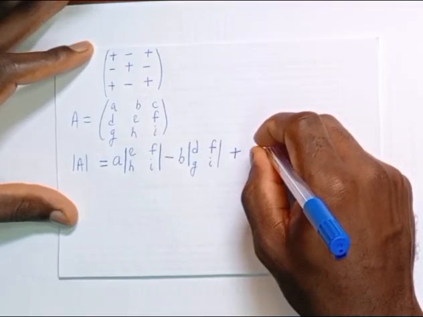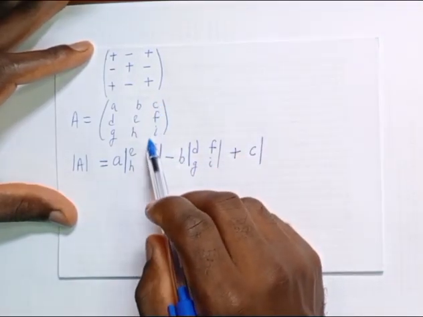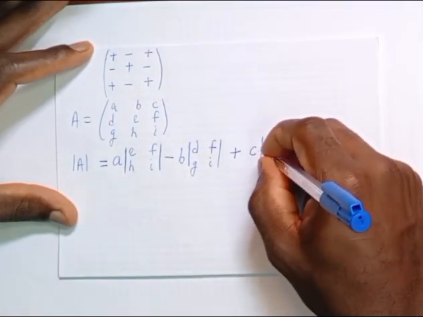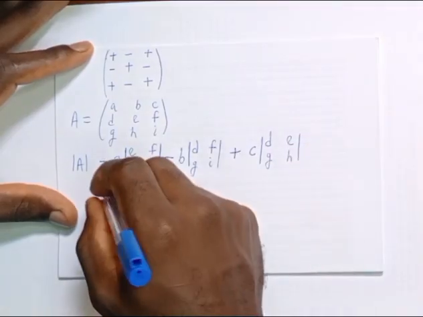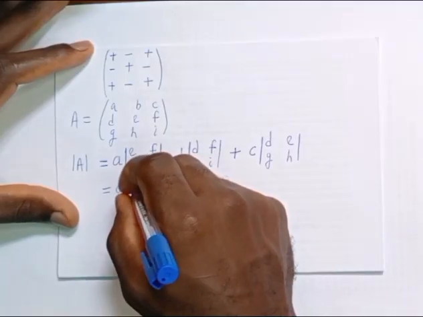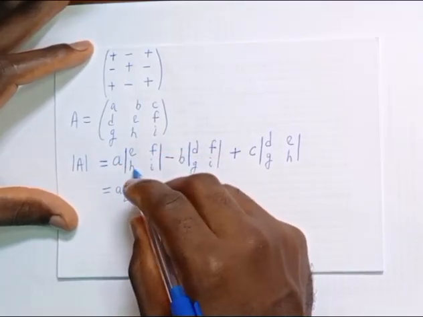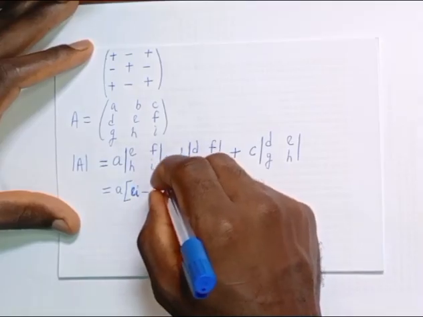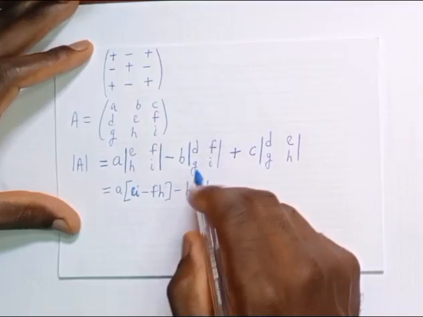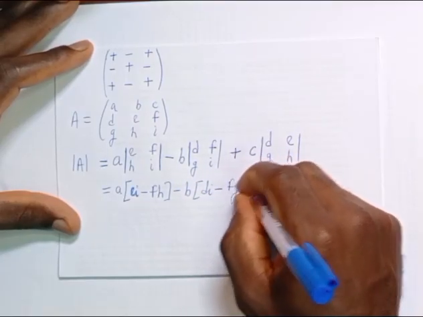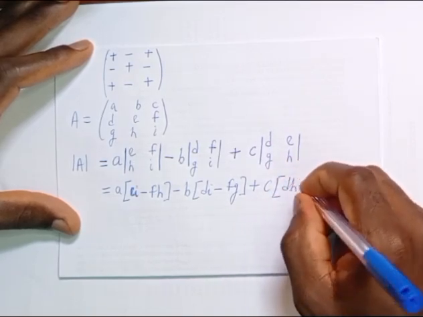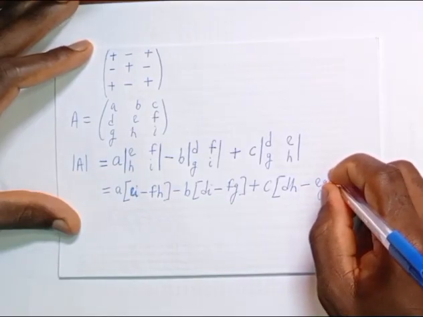C times the determinant of the 2 by 2 matrix, which is formed by suppressing this column and this row, that is D, E, G, H. This is simply equal to A times E times I, which is EI, minus F times H, minus B times D times I, minus F times G, plus C times D times H, which is DH, minus E times G, which is EG.